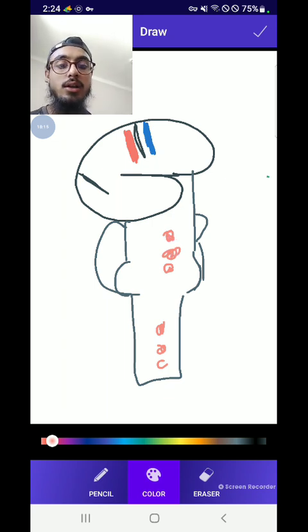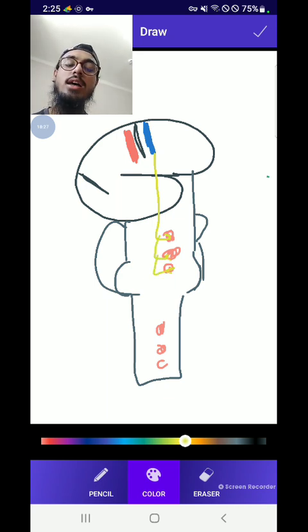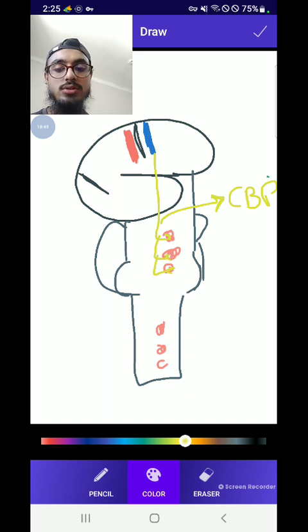All of the motor activity goes towards this area from the primary motor cortex, which innervates the nuclei in the brainstem. What is the name of this pathway? Guys, you must know the names of these pathways. Corticobulbar pathway.